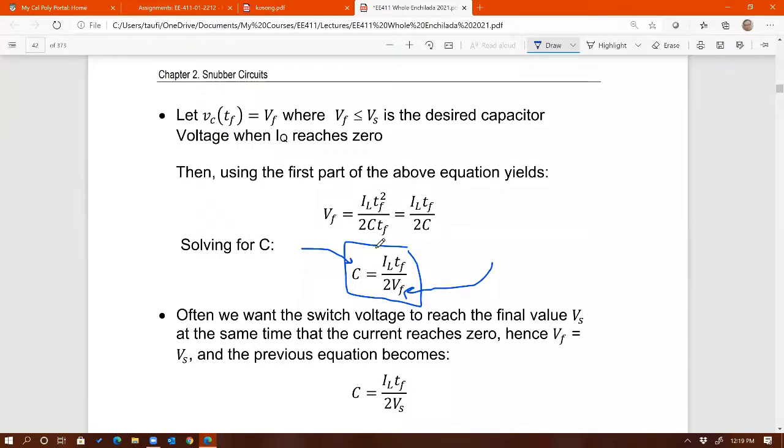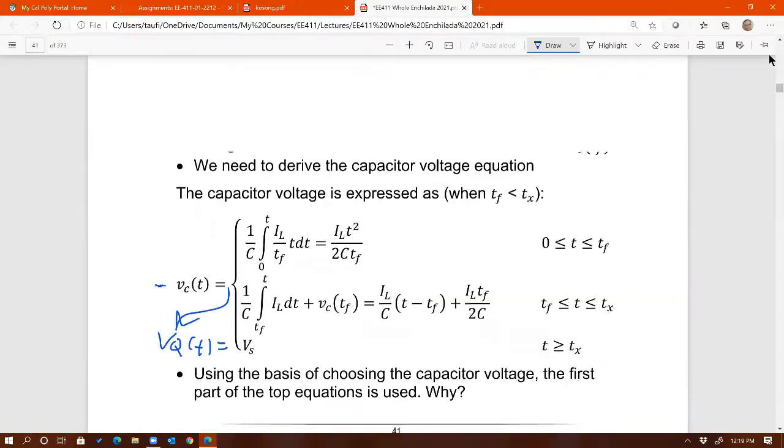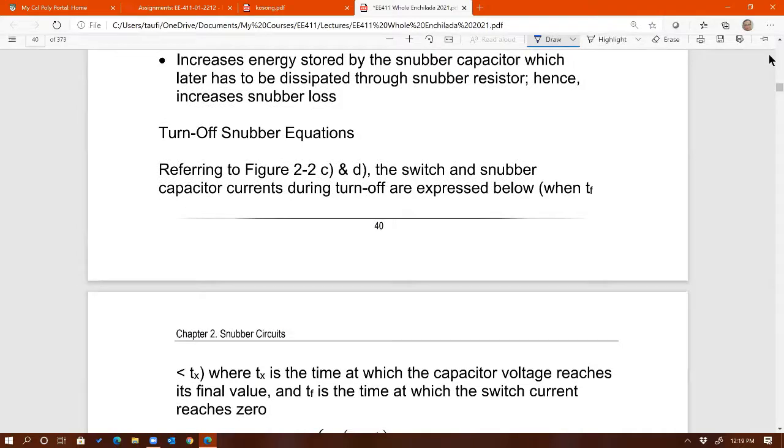So typically IL is known, TF is known. The only thing that's unknown is VF. So that's something that you need to choose when you size the capacitor for the snubber. So what is VF again? VF is the voltage across the snubber capacitor when the current reaches 0. So one more time, VF is equal to the capacitor voltage when the current through the switch equals 0. I think I have the pictures to show you, again to clarify what we did last week.